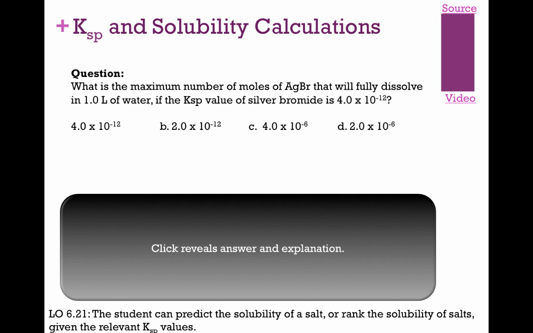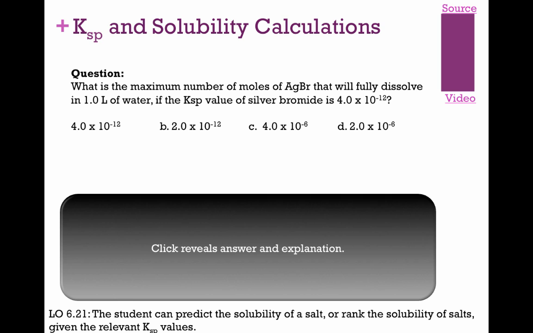And then remember, when we did all the calculations with Ksp, all we cared about was the equilibrium row. If we are figuring out the moles of AgBr that will fully dissolve, I'm trying to figure out the amount of solid that I have at equilibrium. But remember, with Ksp we're still using molarity.